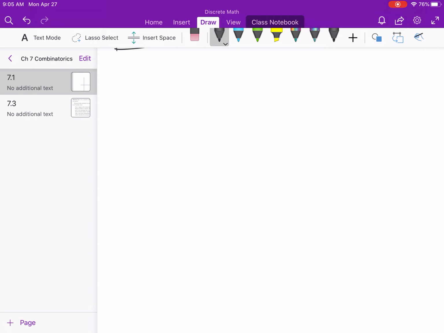Well, notice here there's 3 choices for entree, 4 choices for sides, then 3 for dessert, and then 2 choices for drinks.